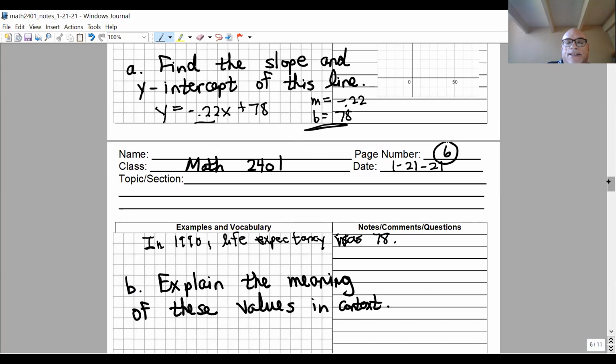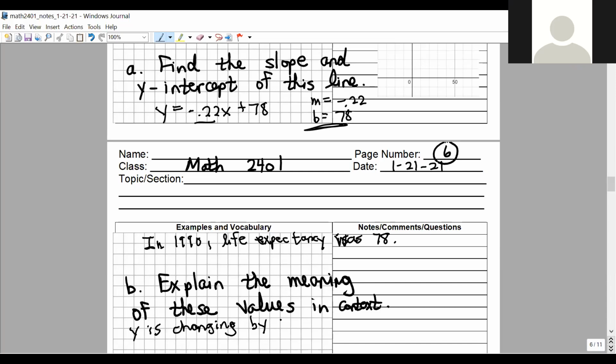So we know in this problem, y is changing by, well, what is my slope value? It's changing by negative 0.22.